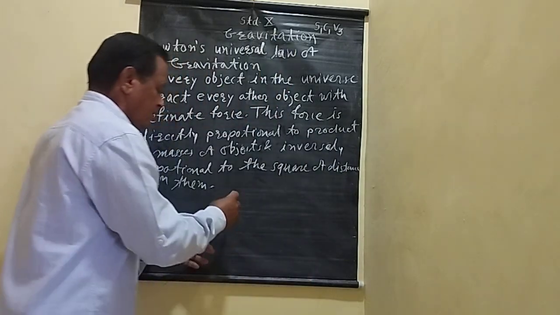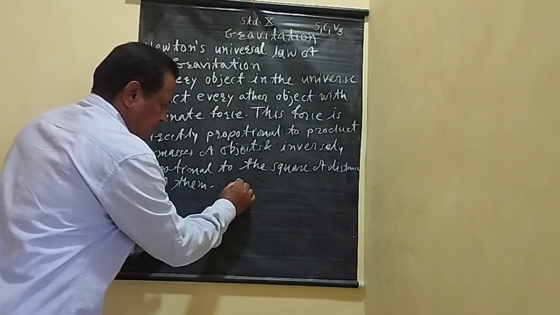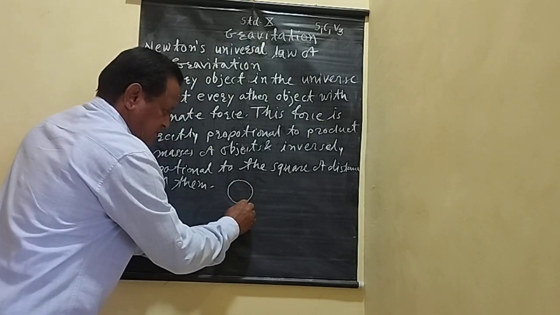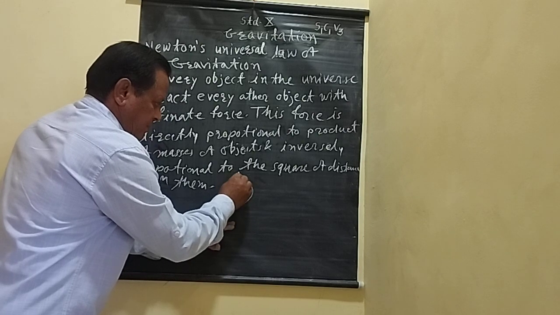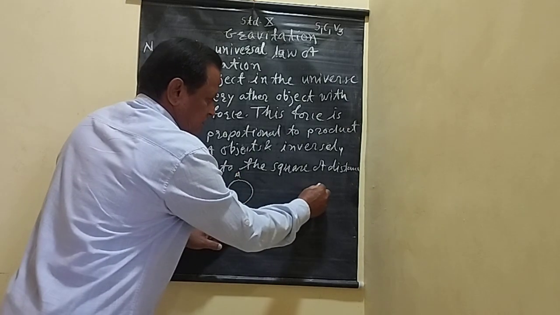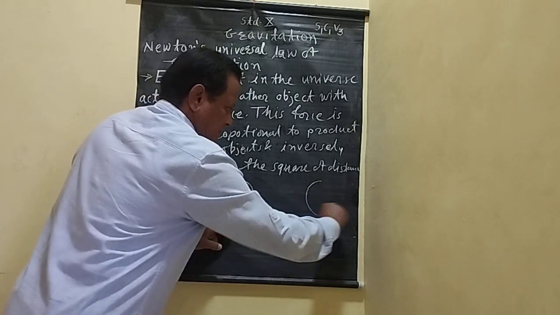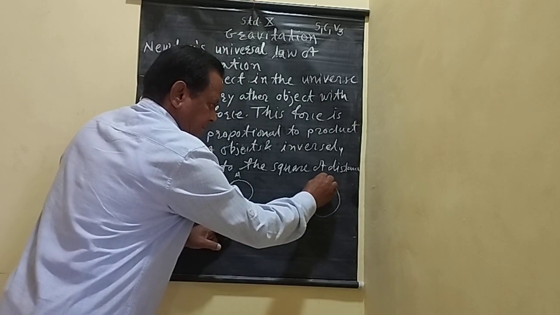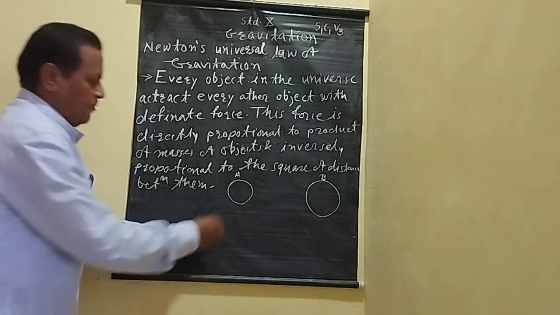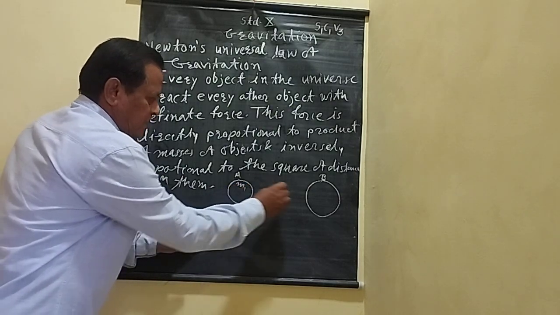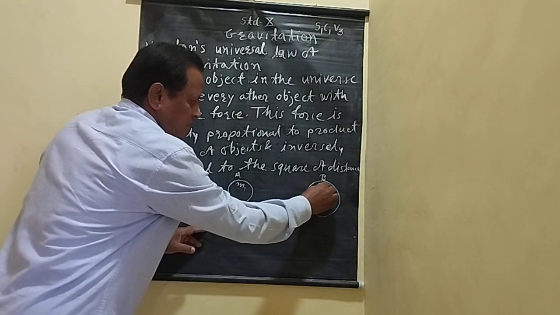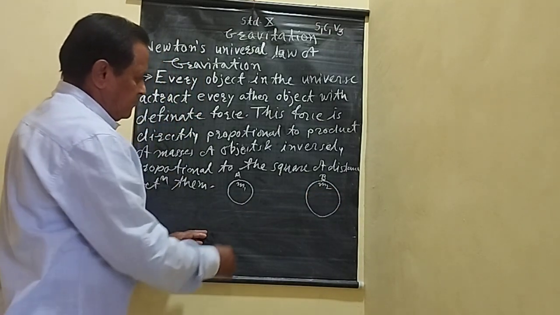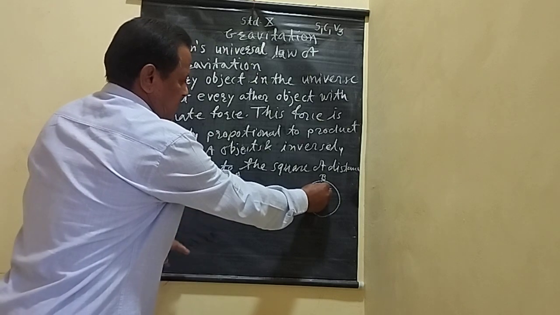Here, suppose this is one object A and this is the other object B. The mass of this object is m1 and the mass of B is m2. Now we have taken their masses.